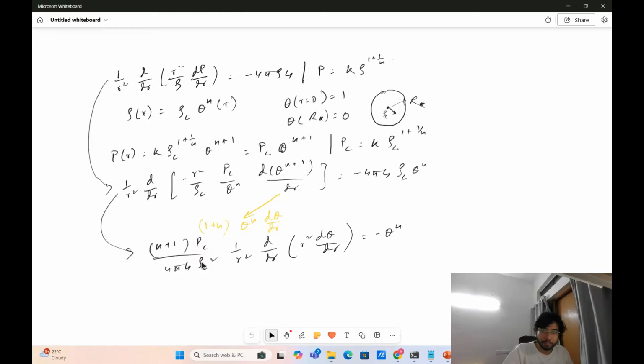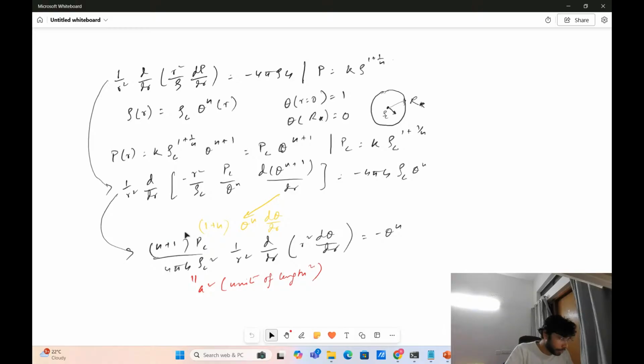So now this is a constant term, as we can see, and we can just write that this is equal to a square. With a quick dimensional analysis, you can see that this has units of length squared.